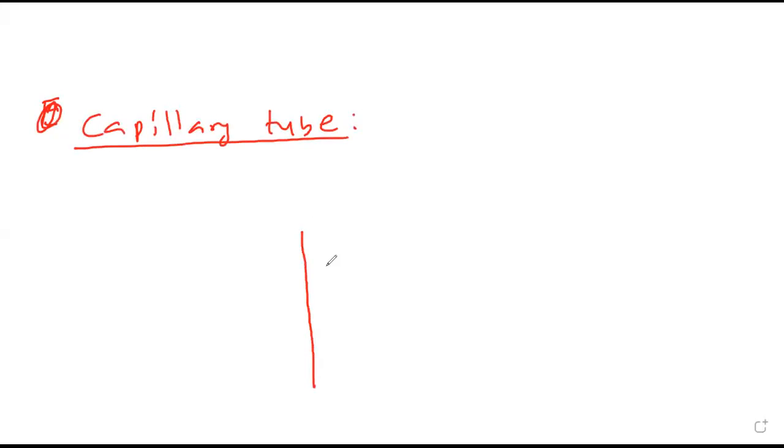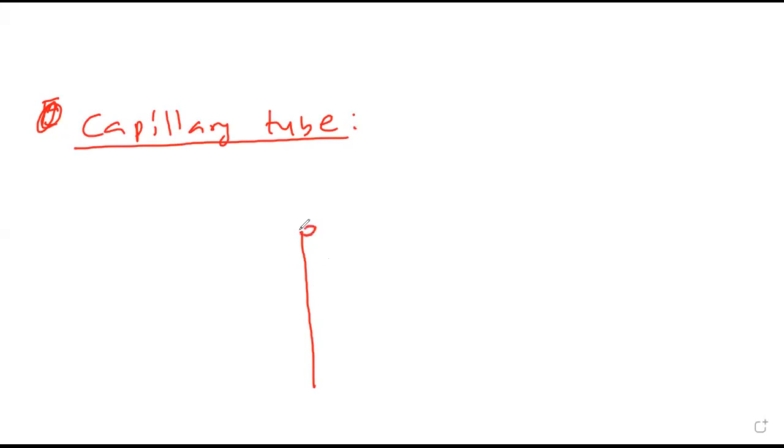Explain. Okay, first capillary tube. Pipette, you have seen pipette? In the lab, have you seen pipette? Yes, sir.